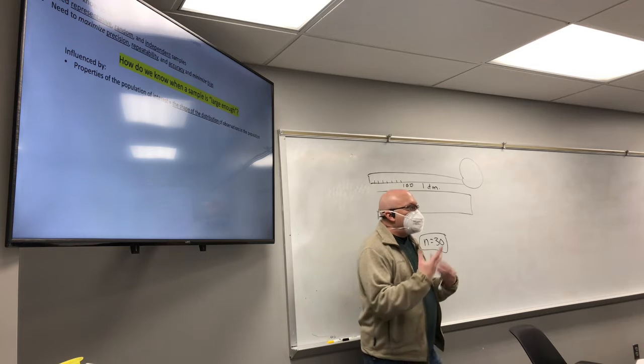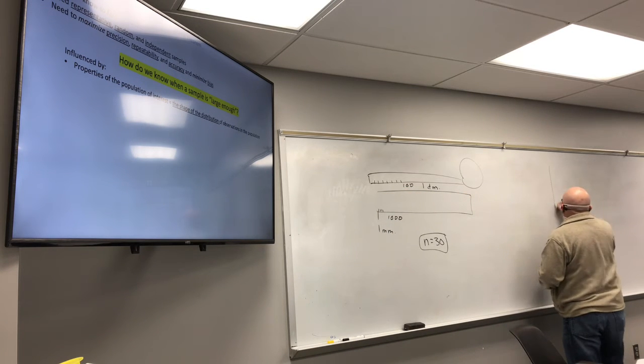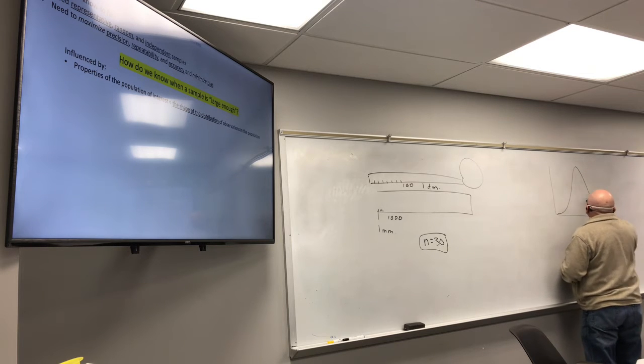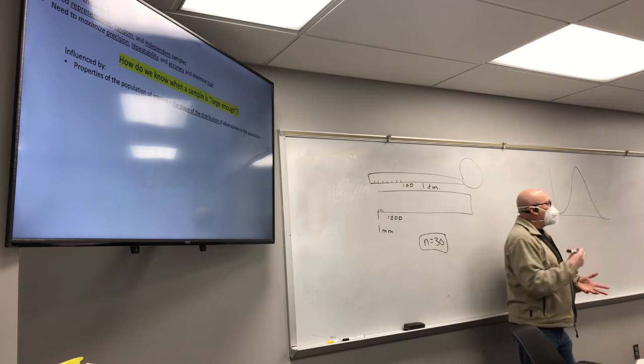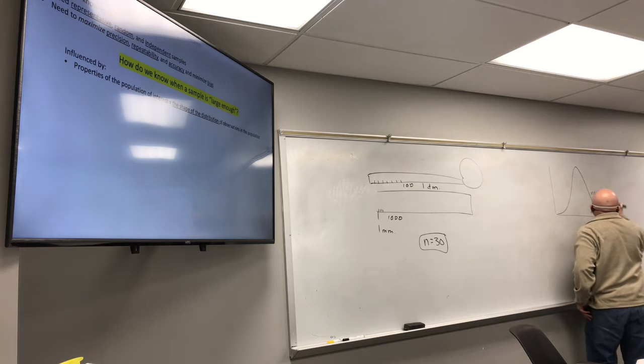And so if we were to go out into the population and measure something like grade point average, we might find that that distribution has a nice normal bell-shaped curve.